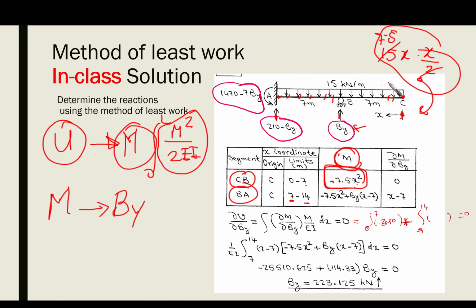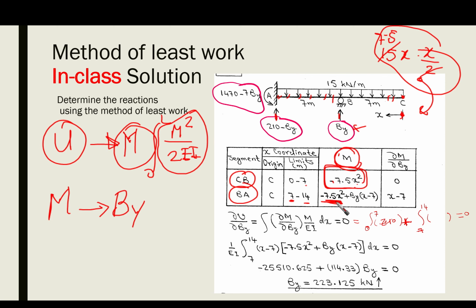The same contribution from the first part, which is minus 7.5 x squared, plus the contribution from By. Take care, the first part here is the contribution of the distributed load along the whole beam, so it is the same here.